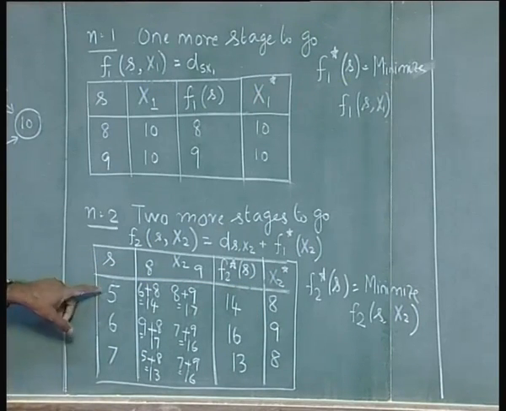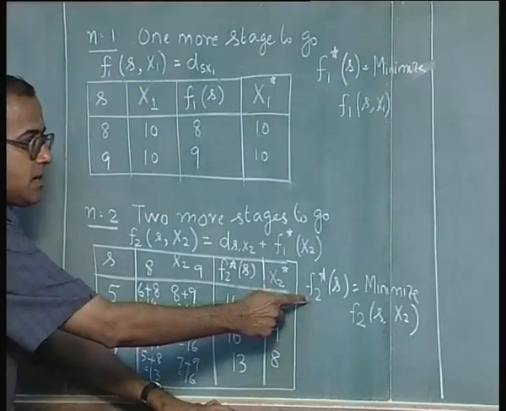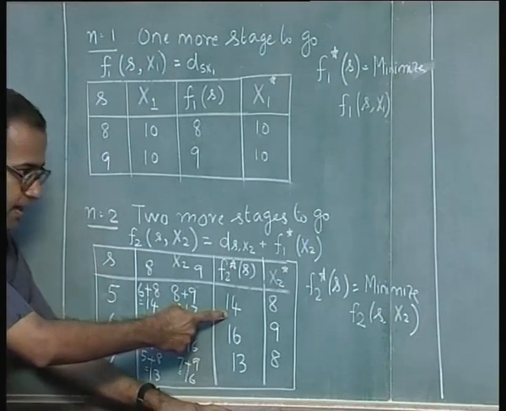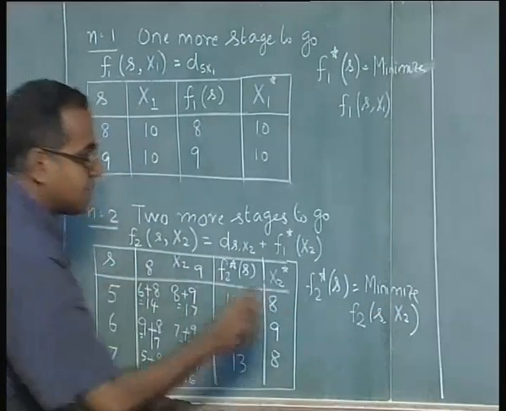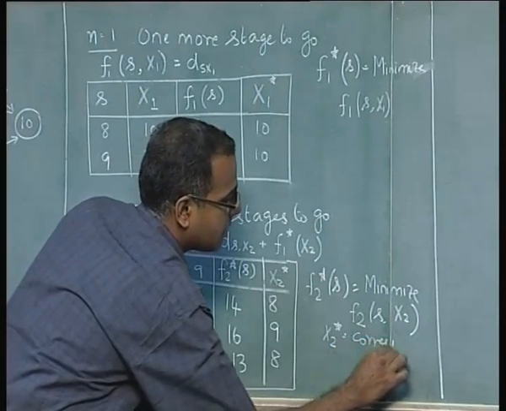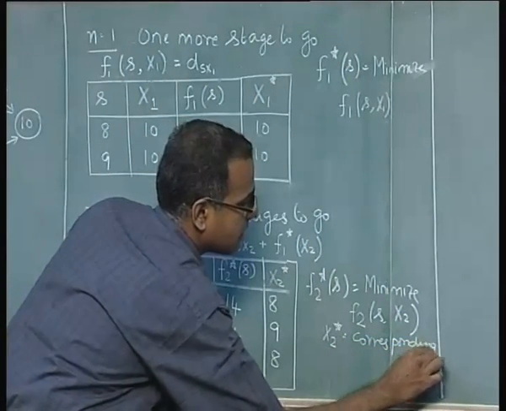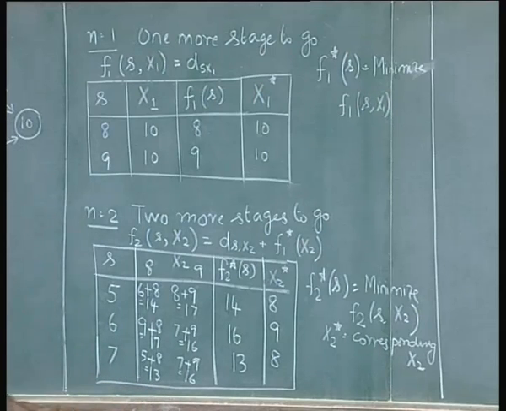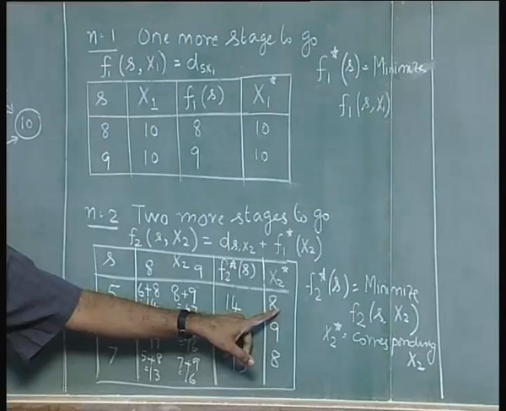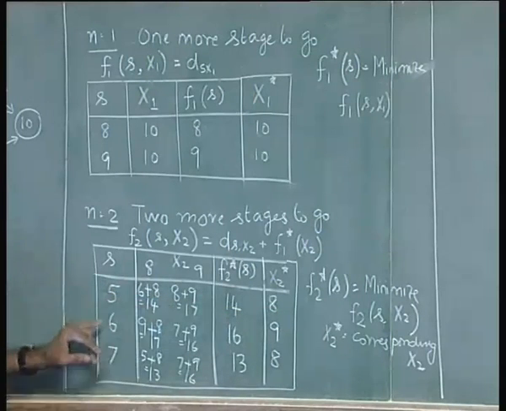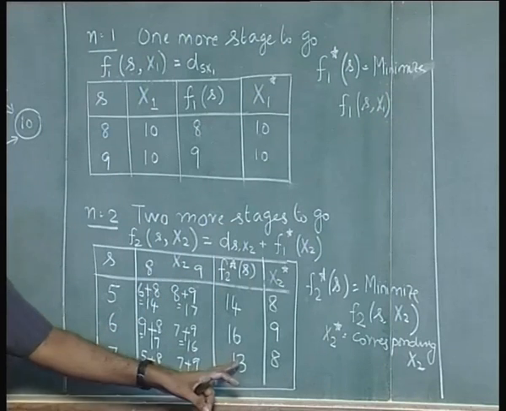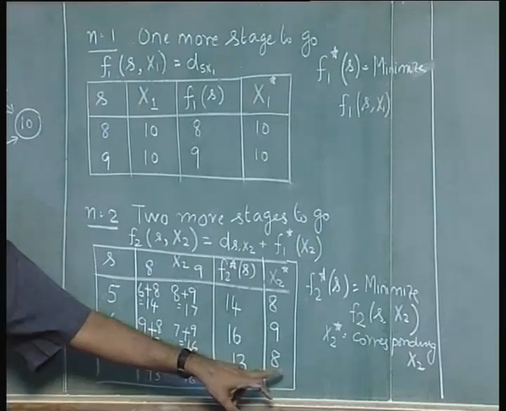So when I am in 5, the best decision f2 star of 5, the best way to go from 5 to destination, is given by 14, and the corresponding x2 star is 8. So x2 star is the corresponding value of x2. So if I am at 5, the minimum distance to travel is 14 with the corresponding value of 8. From 6 it is 16, the next destination is 9, and if I am at 7, the best way to reach is to travel 13 and go to 8.